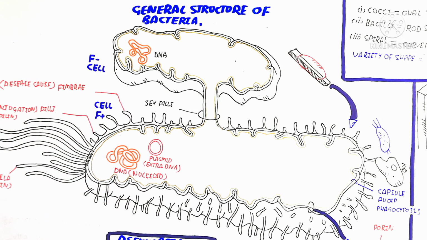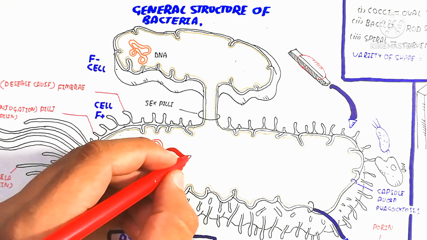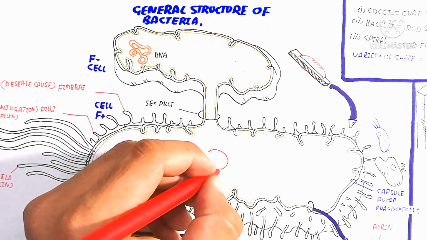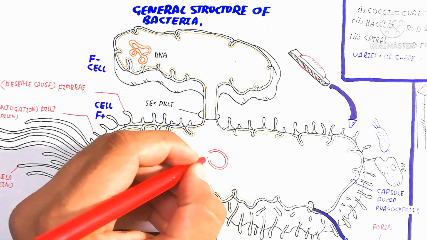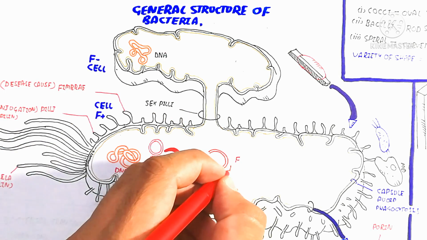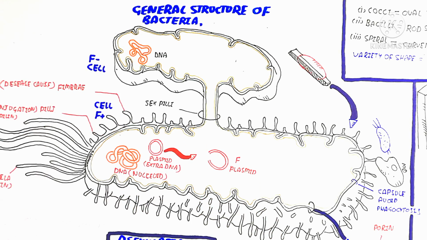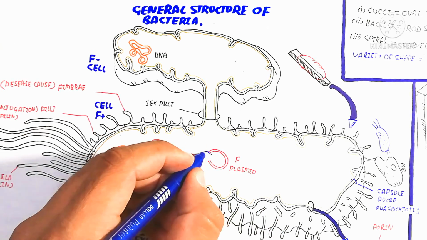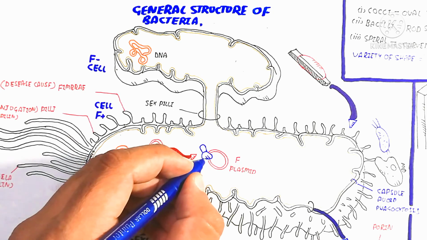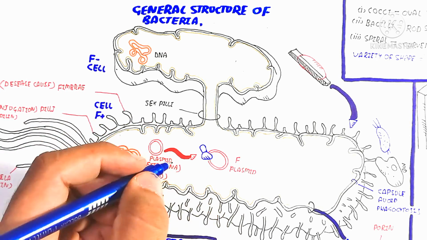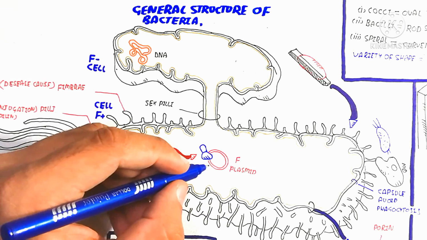These sex pili are made up of pilin, and they facilitate the movement of the plasmid. The cell that provides the plasmid is known as the F positive cell, while the one that receives the plasmid is known as the F negative. This plasmid is known as the F plasmid, which provides its DNA by this mechanism. How is it possible?